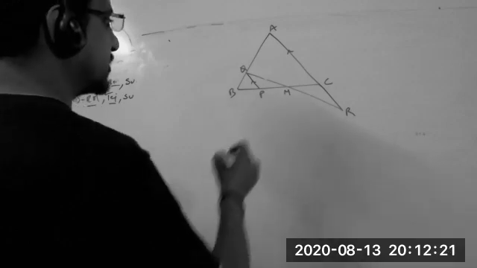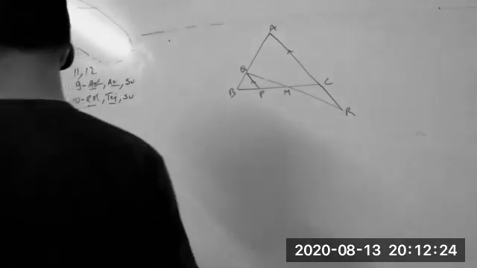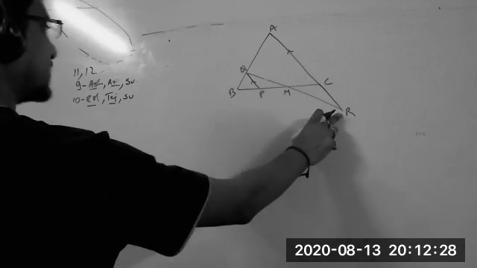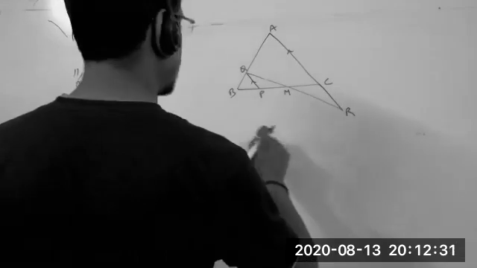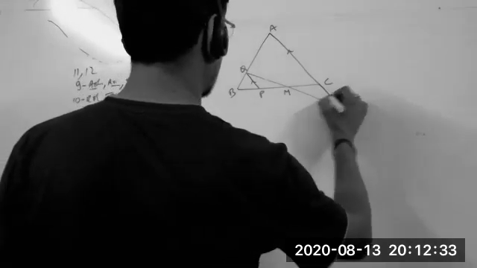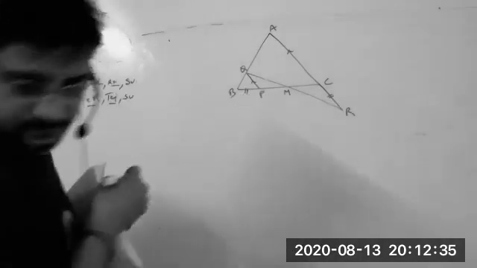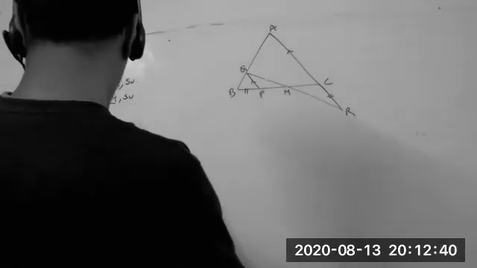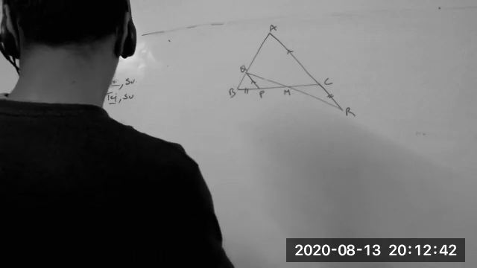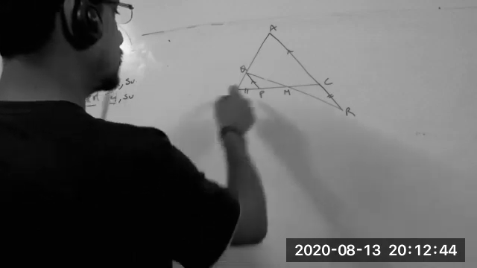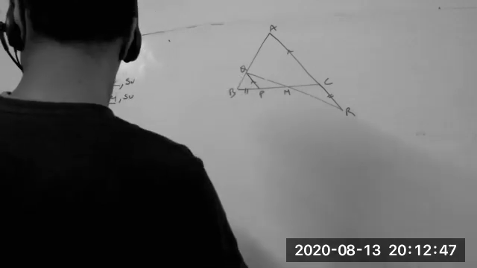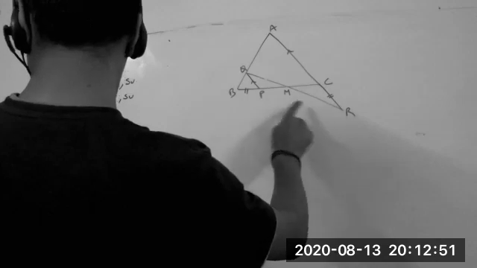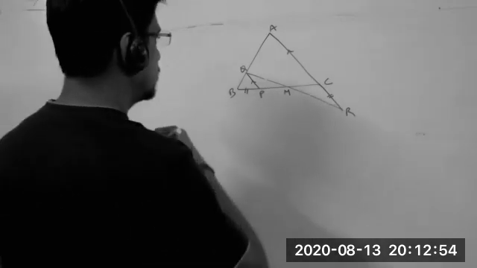Okay, let me draw the figure first. PQ is parallel to AC. And AC is produced to R such that CR is equal to BP. Prove that QR bisects PC.